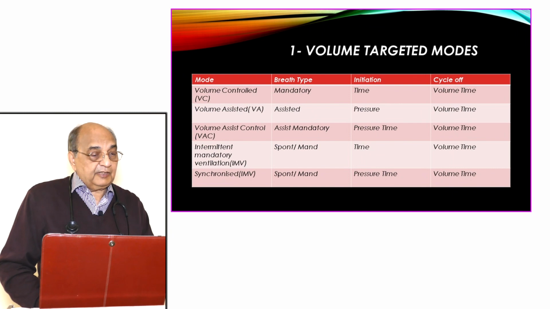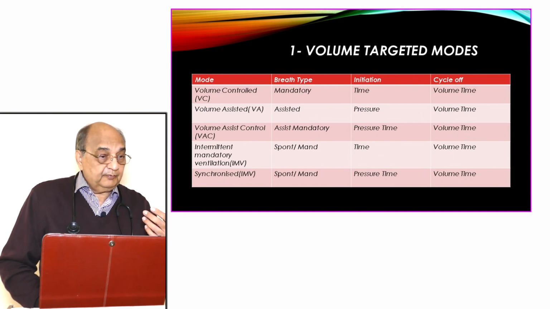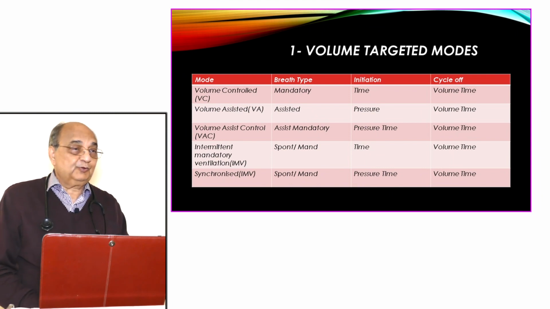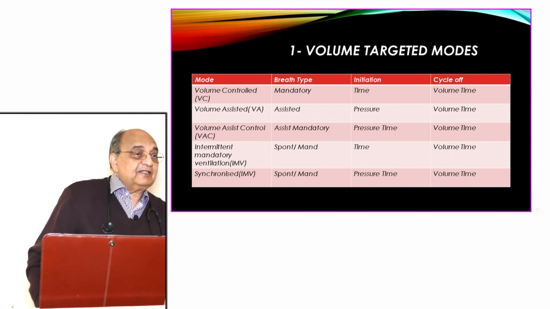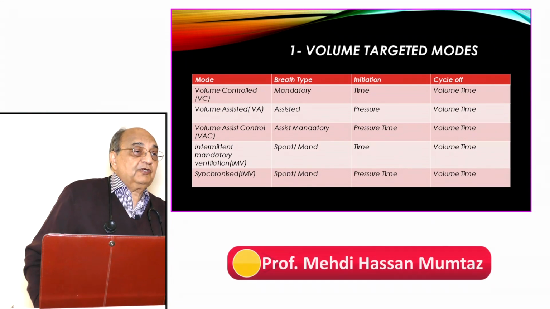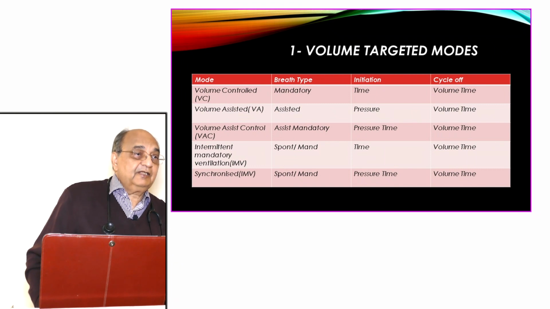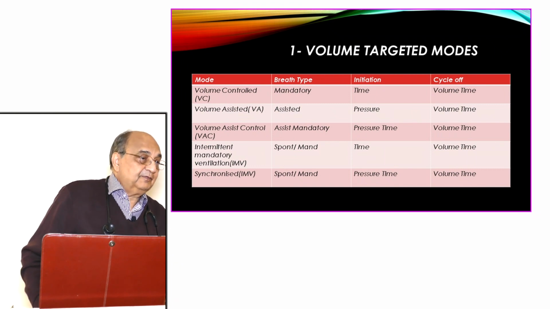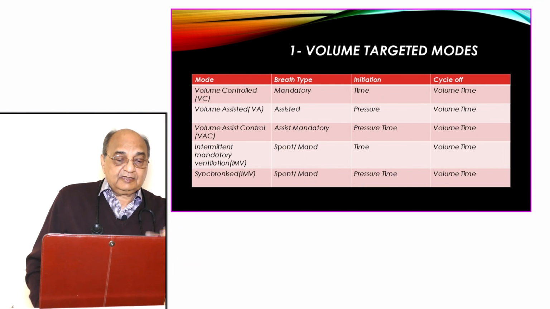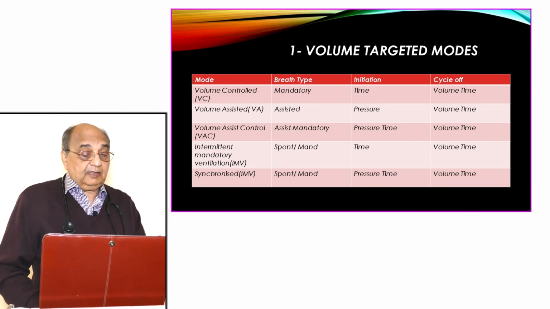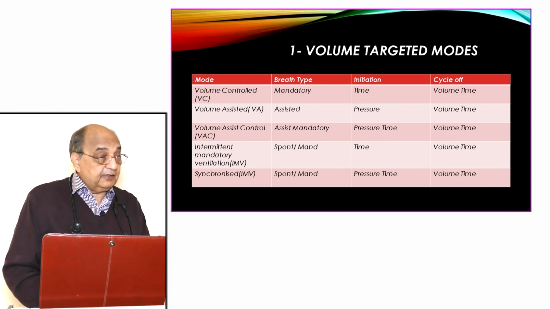When we say we are ventilating a patient on CMV, that means it is volume control mode. So if you put on CMV, it means volume control. It is not pressure control. Pressure control specifically you will have to say is PC. The rest are volume assist control, intermittent mandatory ventilation and synchronized intermittent mandatory ventilation.